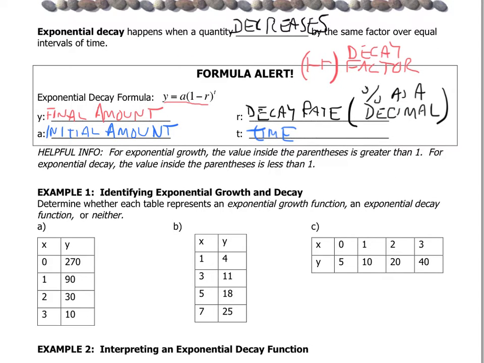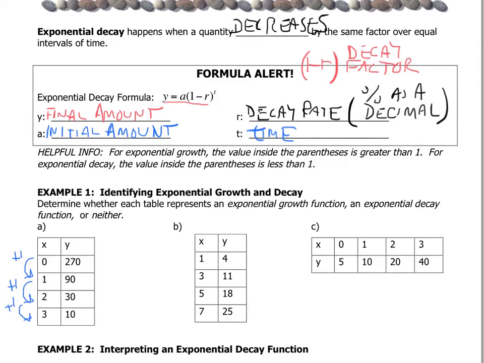So let's look at a few examples here, identifying exponential growth or decay. Determine whether the table represents an exponential growth function, a decay function, or neither. What I want to look at is how the x's are changing and how the y's are changing. If I look at my x's, we can see that we have a nice steady plus 1.